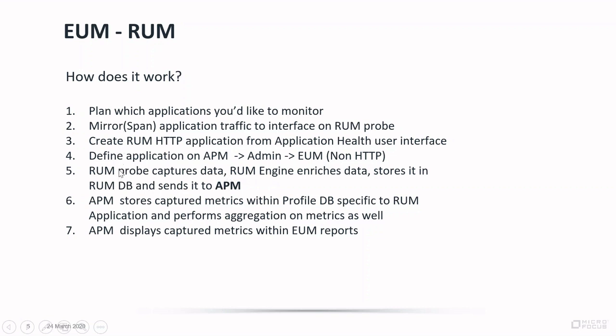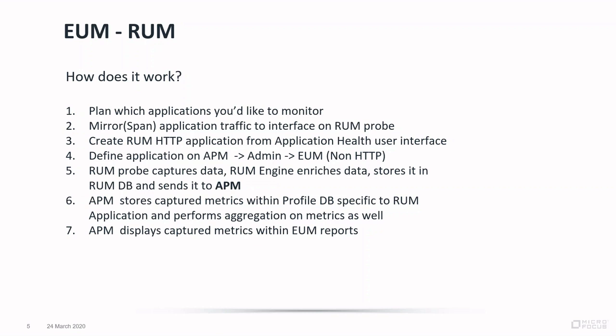So once you get all these things done, steps 1, 2, and 3, the RUM probe captures the data. The RUM engine enriches the data. Basically, it will massage the data. Suppose the probe captures the data in milliseconds, the engine will convert it to seconds, store it in a RUM local database, and send it to the APM.